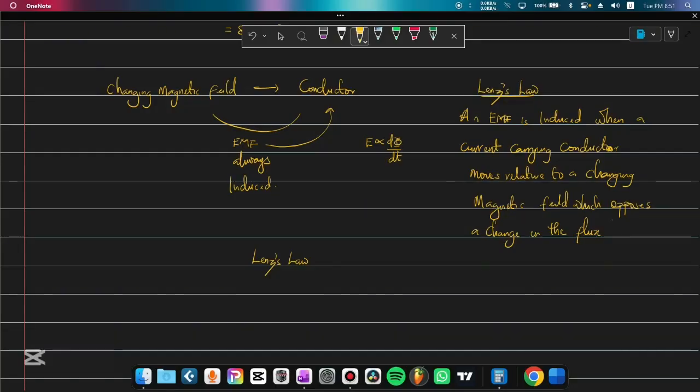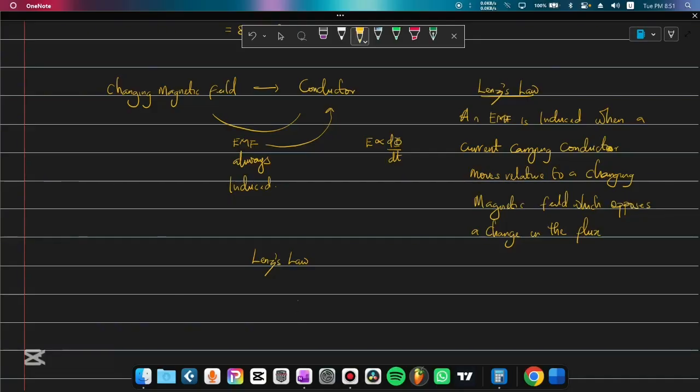Are we together? If the magnetic flux is passing from north to south, it wants to stop it from passing from north to south. Did you understand it? So according to Lenz's law, the EMF that is induced from Faraday's law is such that it wants to oppose that change in the magnetic flux.